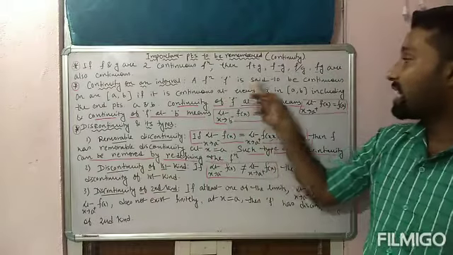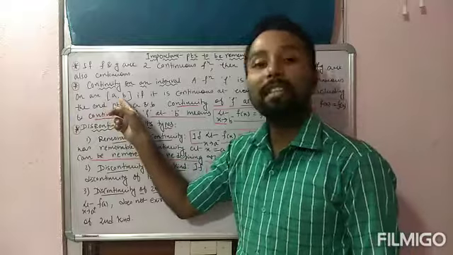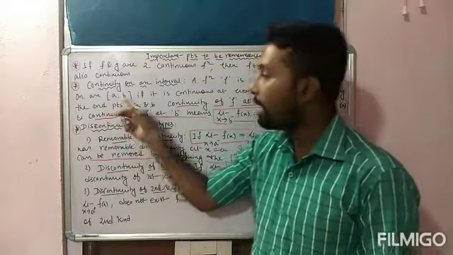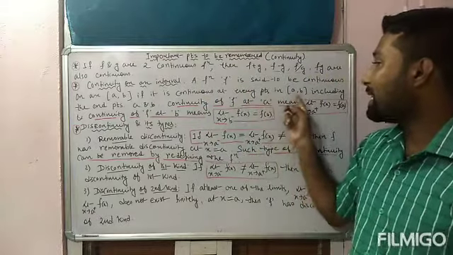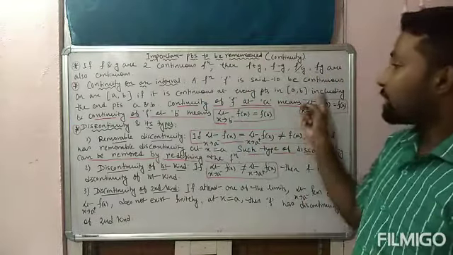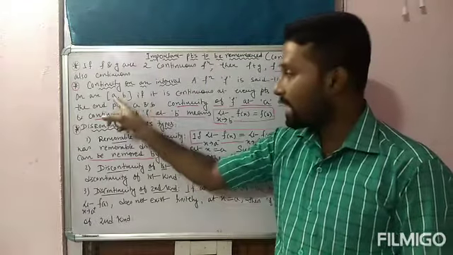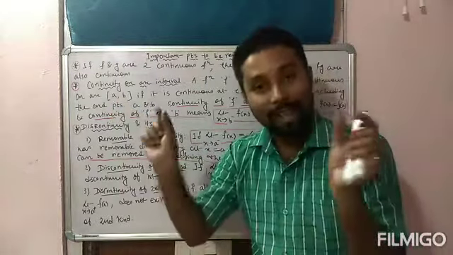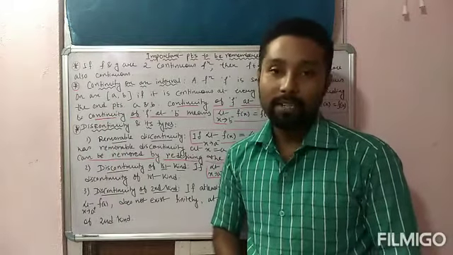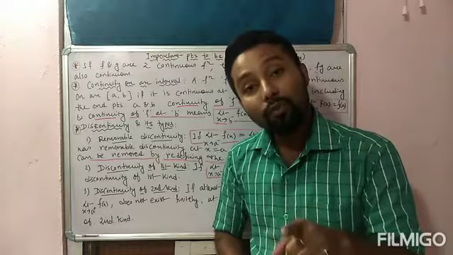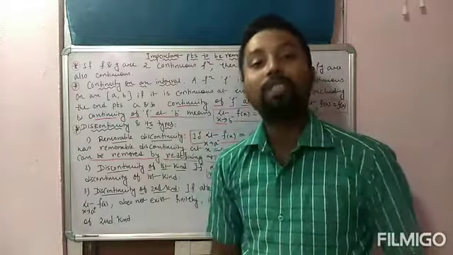A function f is said to be continuous on a closed interval a comma b if it is continuous at every point in a comma b, including the end points a and b. A and b are the two end points. So we can include these two end points also, because here I have given a closed interval.